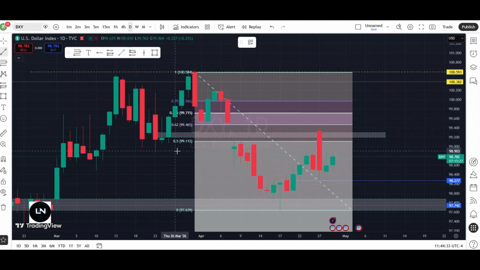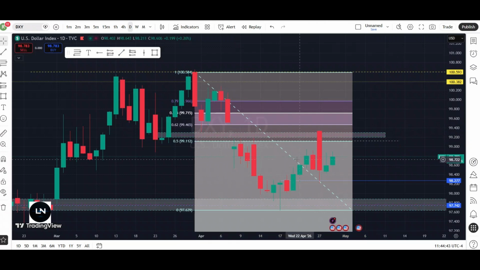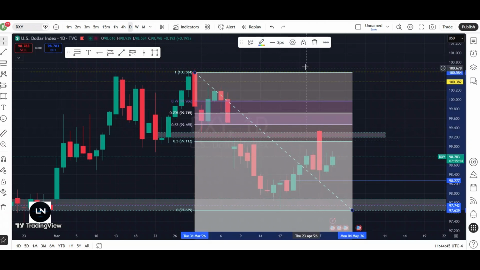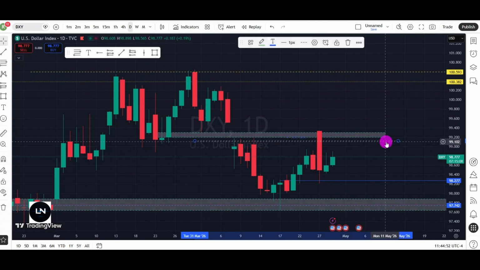Let's mark that area, the half of it. So we take off the fib. This area becomes our equilibrium price. That is the 50% level. The upside of this becomes the premium zone, while the downside becomes the discount zone.